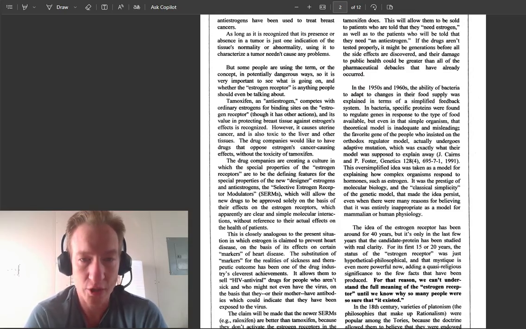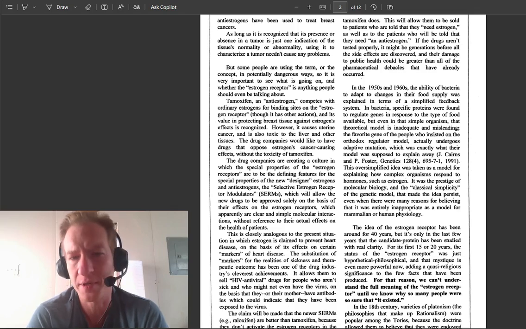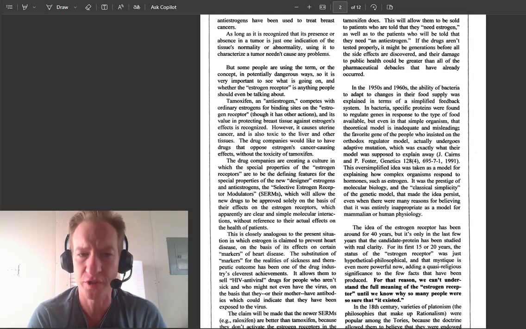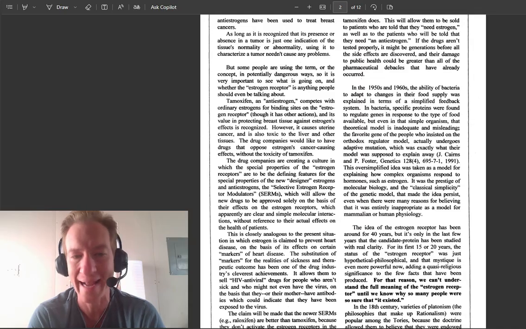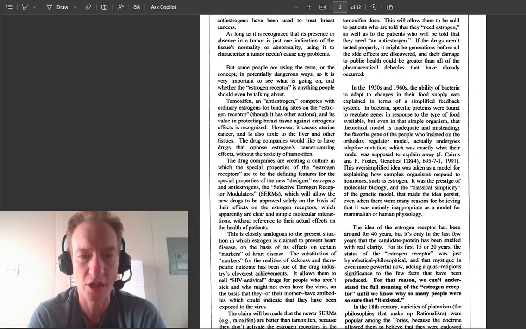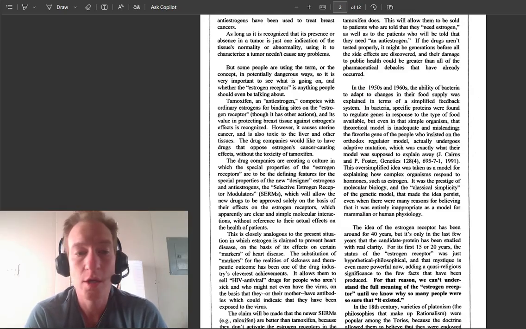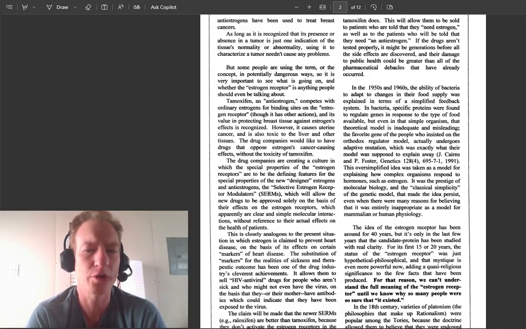The drug companies are creating a culture in which the special properties of the "estrogen receptors" are to be the defining features for the special properties of the new "designer estrogens" and anti-estrogens. The "selective estrogen receptor modulators," or SERMs, which will allow the new drugs to be approved solely on the basis of their effects on the estrogen receptors, which apparently are clear and simple molecular interactions without reference to their actual effects on the health of patients.